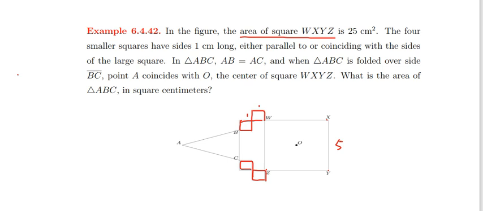Okay. So this is triangle ABC, where AB equals AC. And when triangle ABC is folded over BC, the point A coincides with O here.